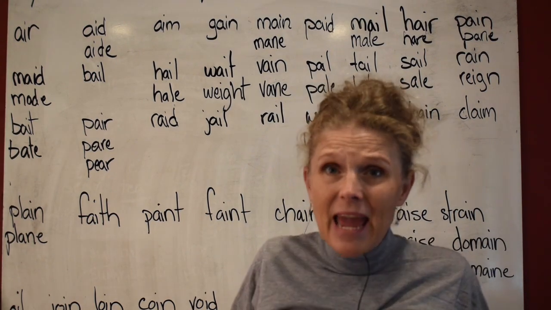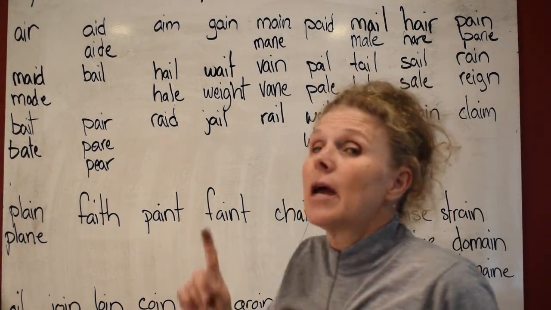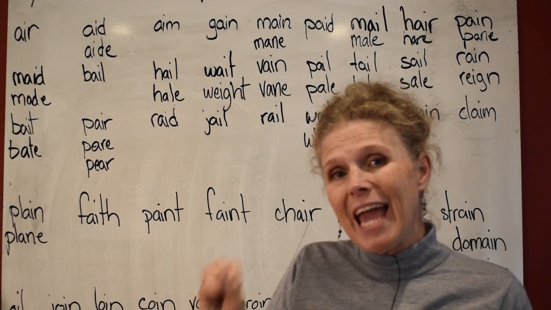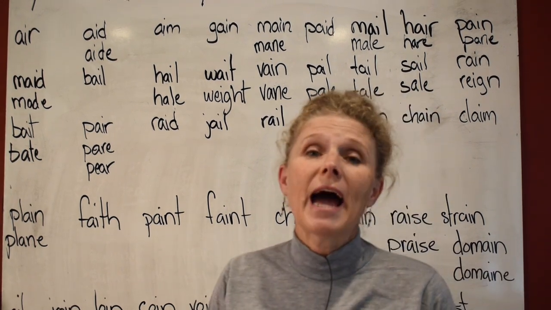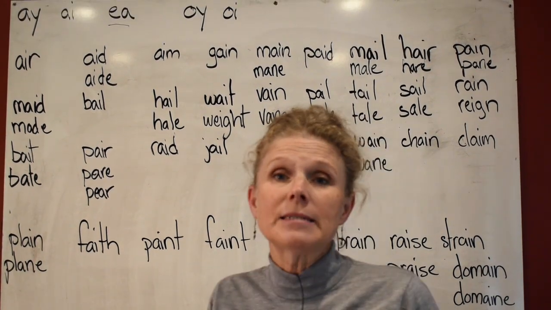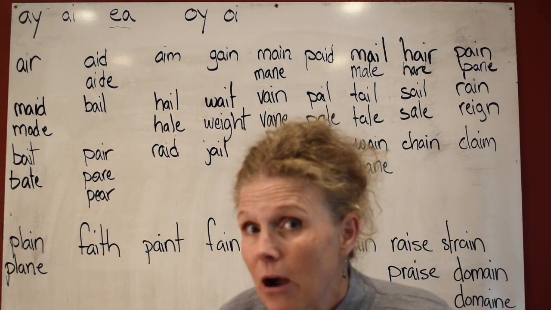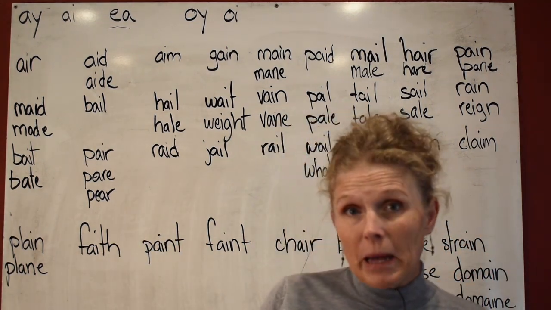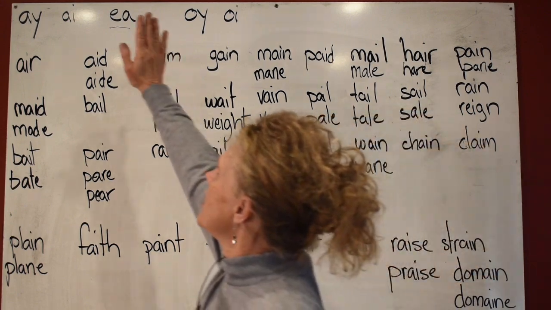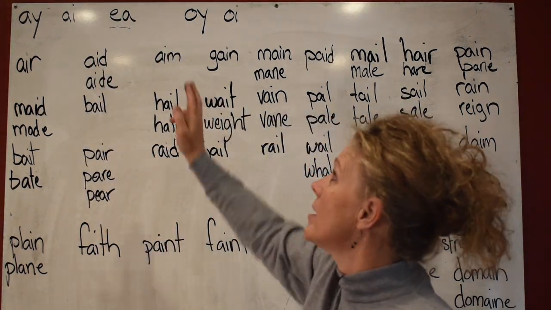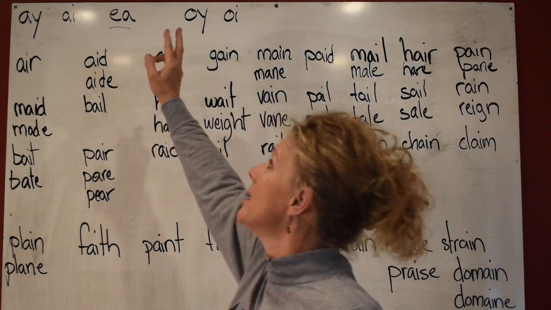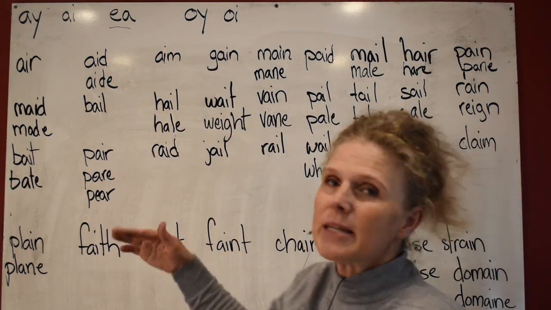AI says A, but because it's a long A sound, you're still going to have issues with silent E's and your homophones that have the same sound of word but different spelling. So you're going to still run into that with the AI. I do think it's a lot easier than the EA and AY.